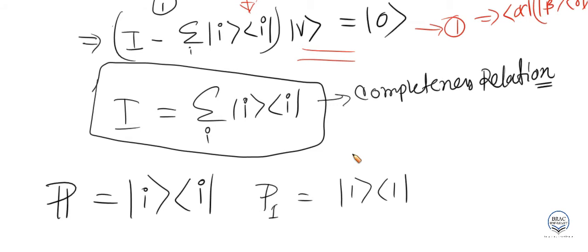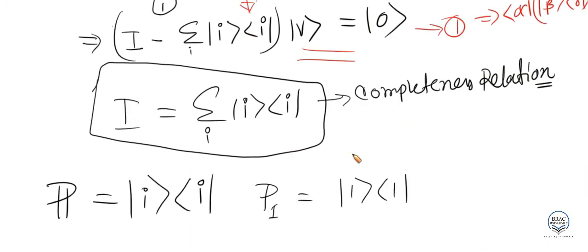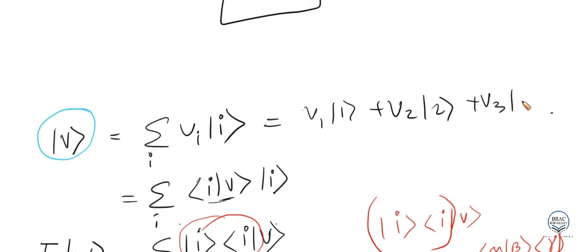The way to see it can also be drawn from vector analysis, but let me do it in this bracket framework. If you expand this, this is just V1|1>, V2|2>, V3|3>, dot dot dot, Vn|n>, right?